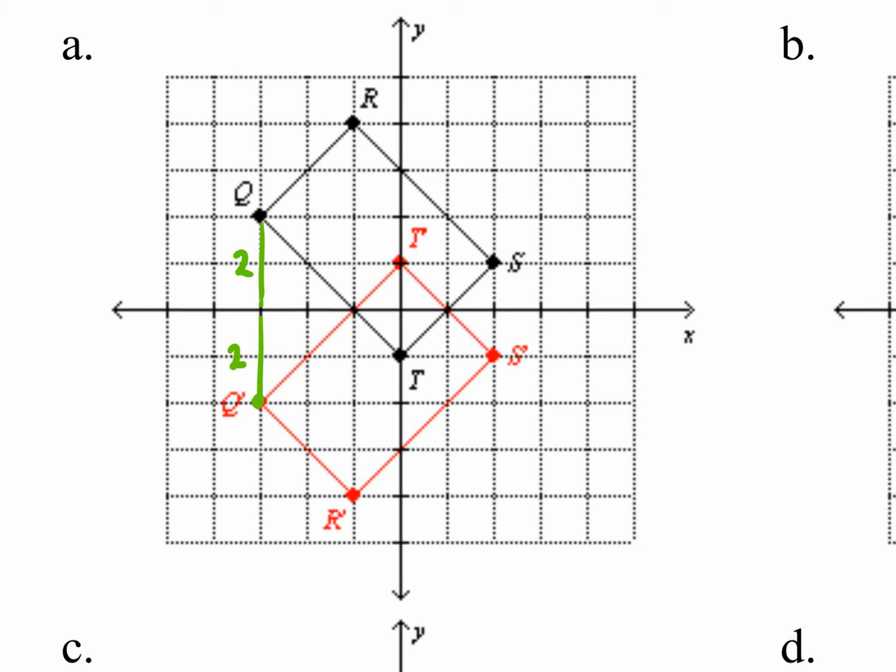So that's good. That is a reflection. This is only 1. That is good. This is 1 and 1. And this one is 4 and 4. So every point is the same distance from the x-axis. It has been reflected. So choice A actually is the choice we need.